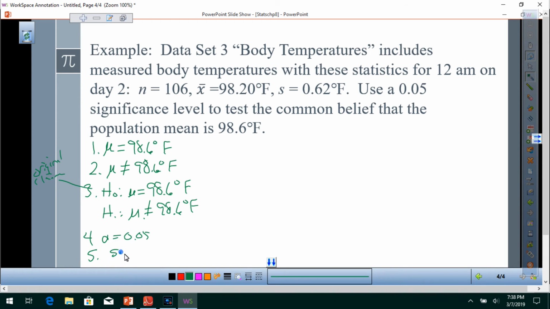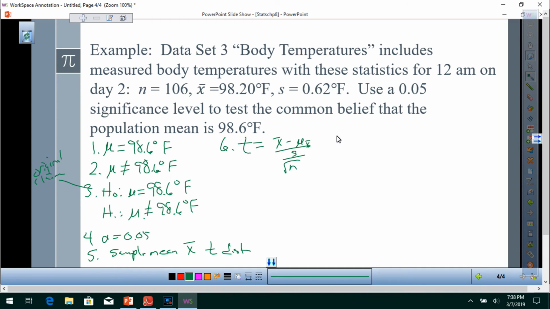Step 5, we're going to use the sample mean x bar. So we'll use the t-distribution because the standard deviation is not known. Step 6, we're going to have t equals x bar minus mu sub x bar over s divided by the square root of n.